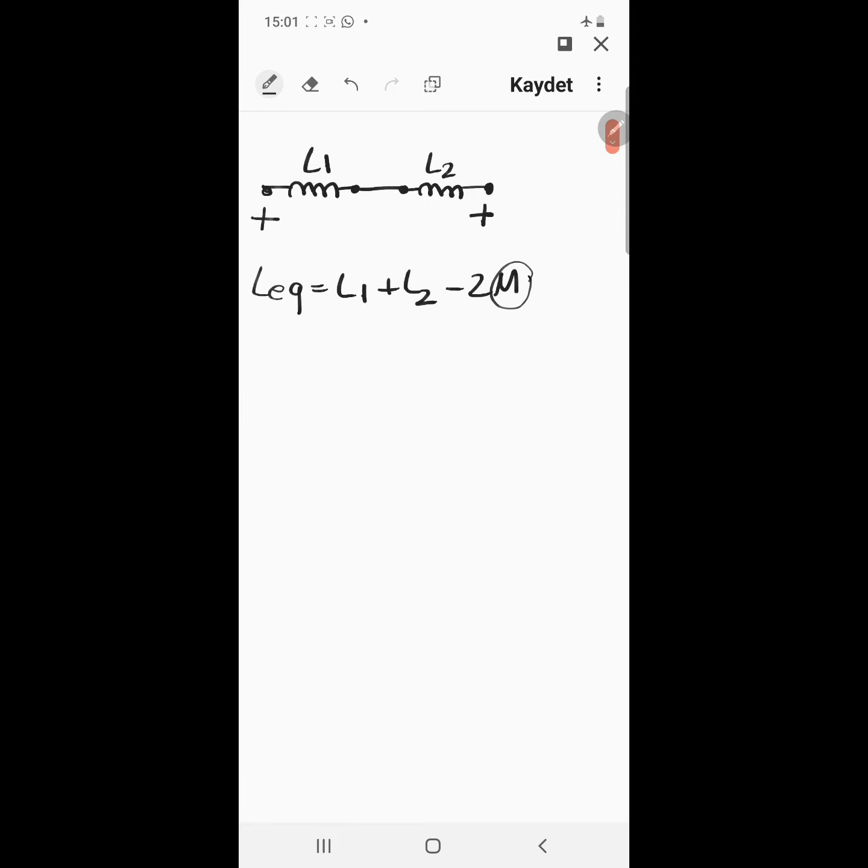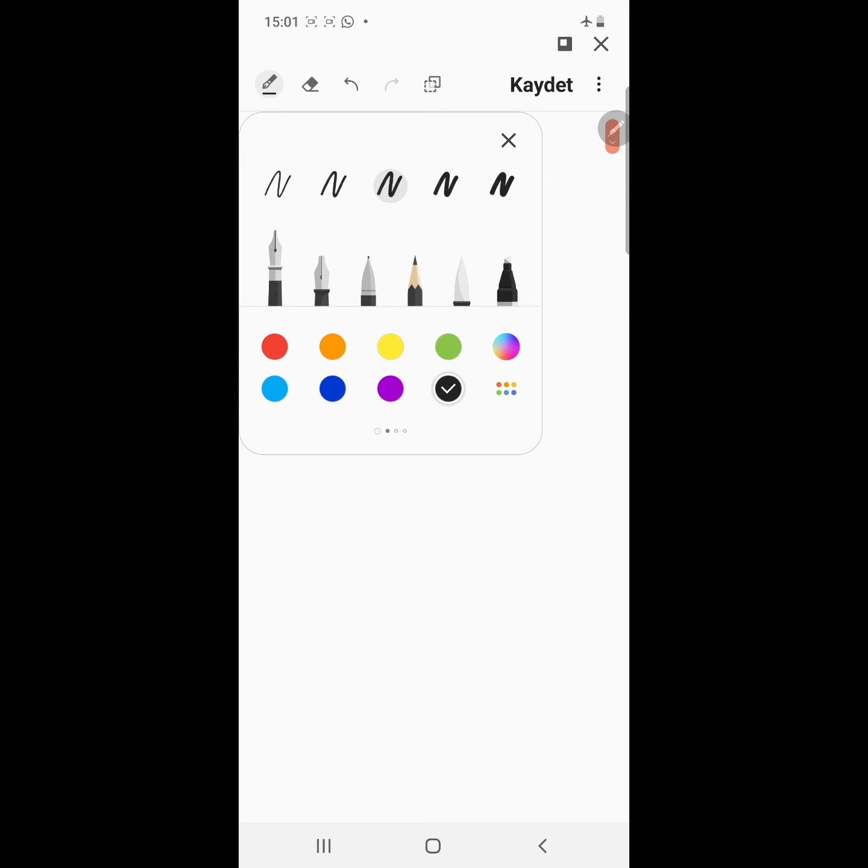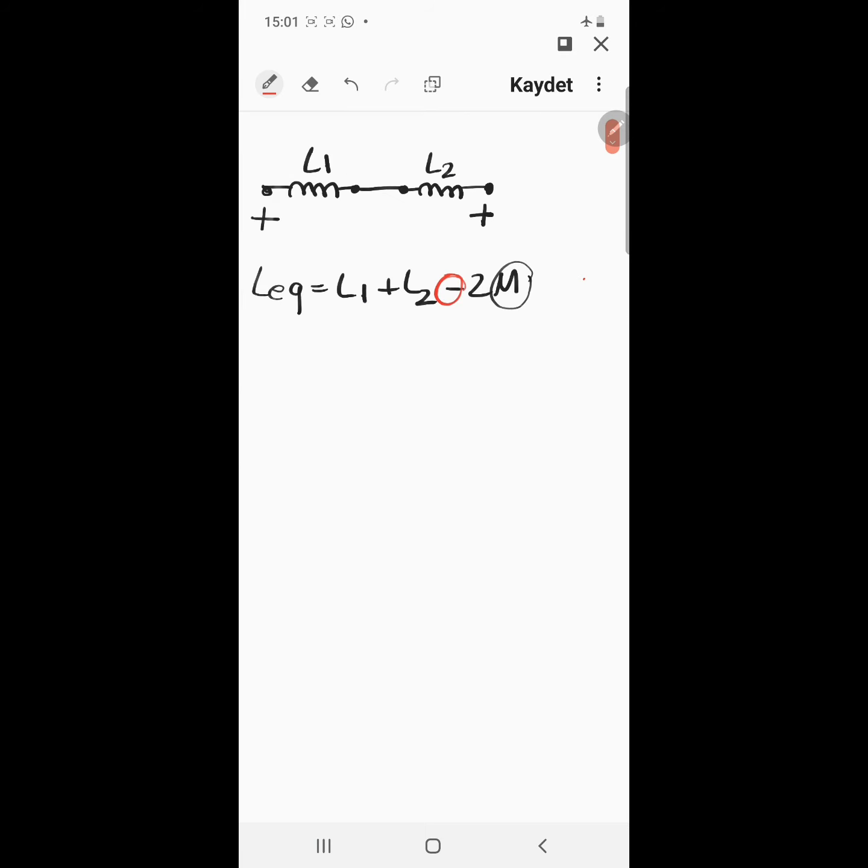Here M is the mutual inductance, but why is there a negative sign here? Because of the reverse connection, the directions of the fluxes flowing through the magnetic core of these inductors are different. They oppose each other. We know that L1 equals N1 squared over the reluctance of the core, L2 equals this, and M, the mutual inductance, equals this.